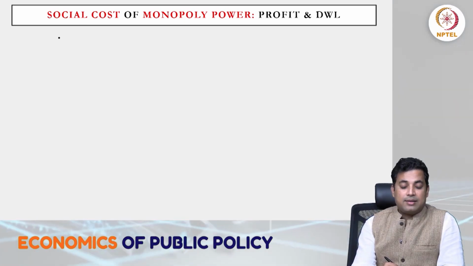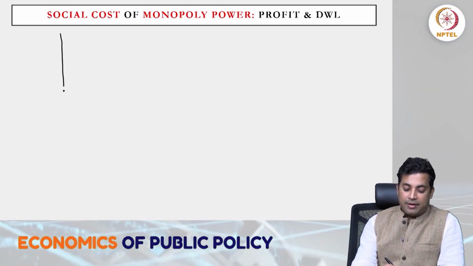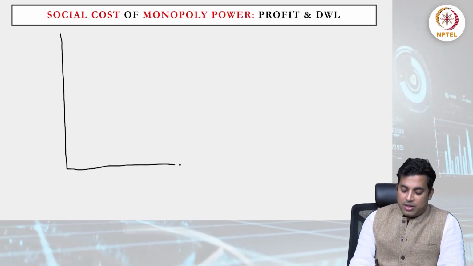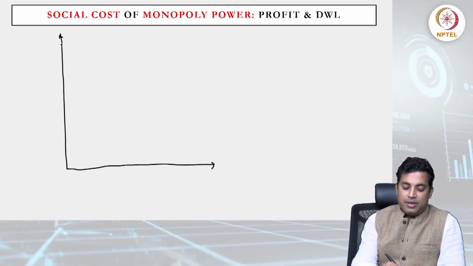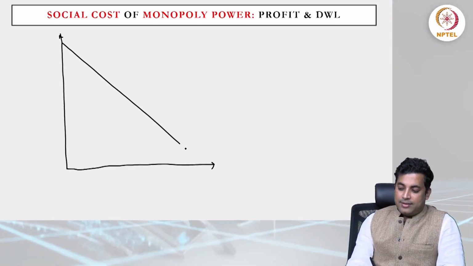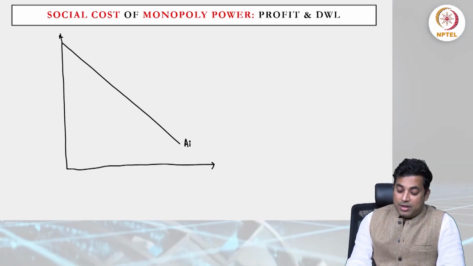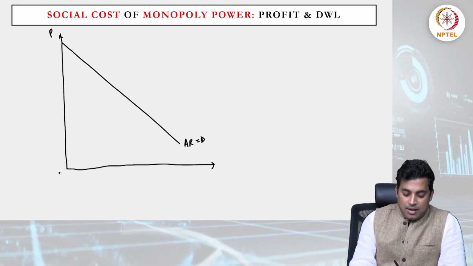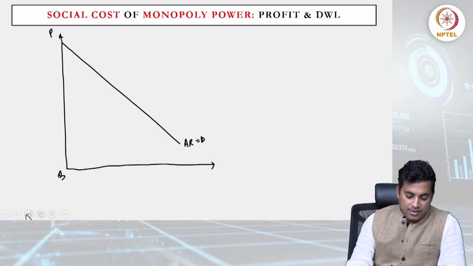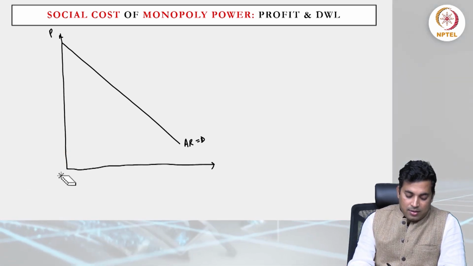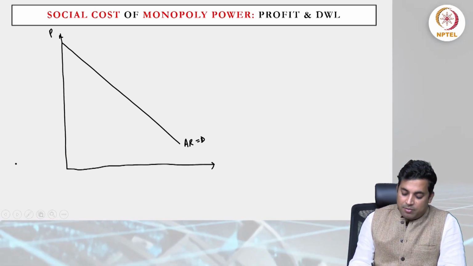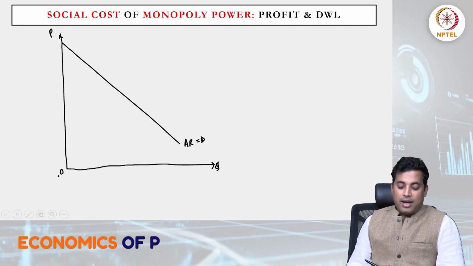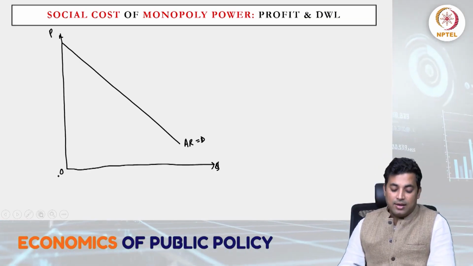So let us draw a diagram with a graphical illustration. This will be much easier to discuss. Say this is average revenue, which is the demand curve, and price and quantity are measured along the vertical and horizontal axes.